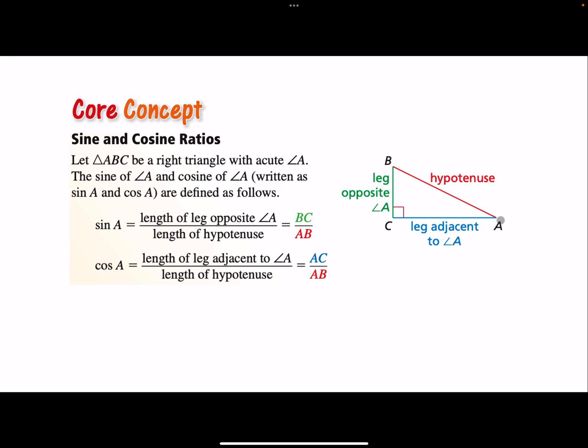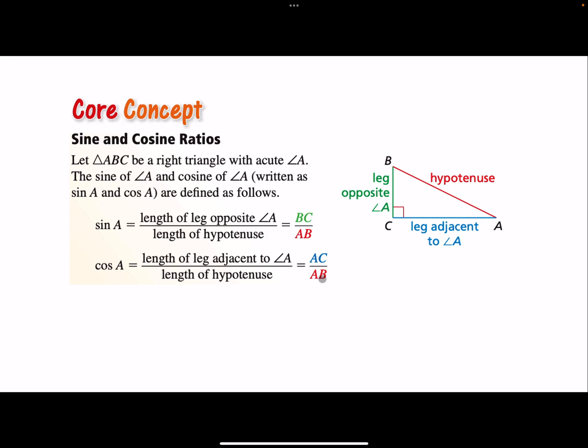So if I want to find the cosine of angle A, I'm going to take the length of the adjacent leg, which is AC, and put it over the length of the hypotenuse, which is AB. Okay? So my ratio is AC over AB for the cosine, and for my sine, it's BC over AB. Opposite over hypotenuse, adjacent over hypotenuse.